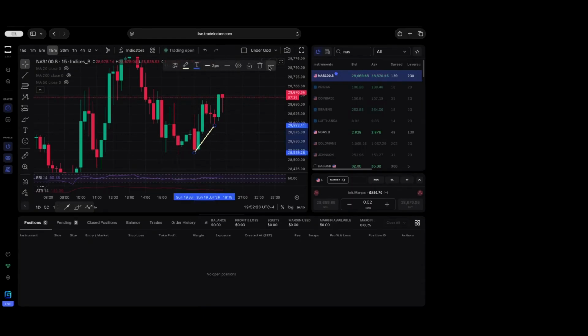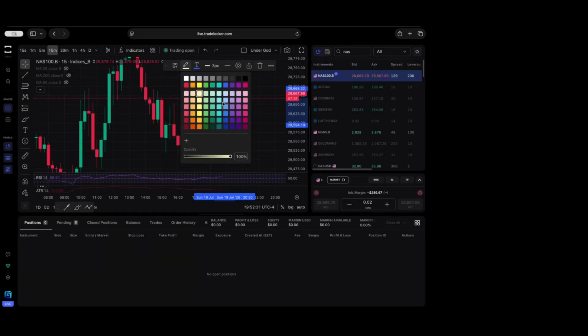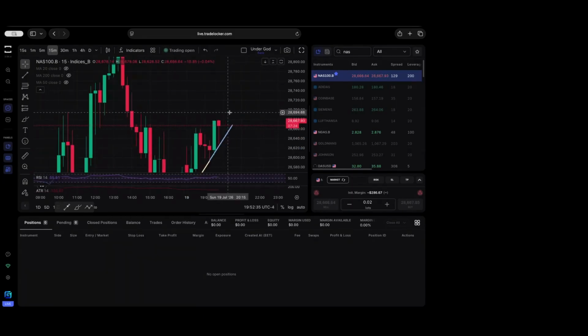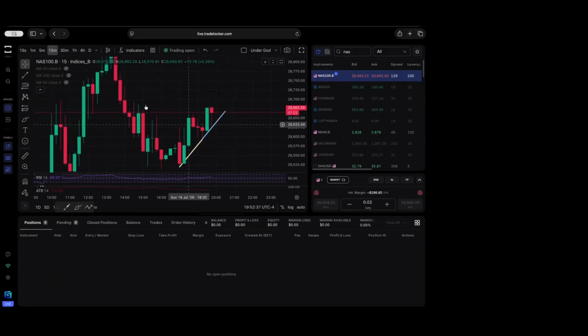So now let's clone this, right? We're going to clone this. I'm going to make that a different color. Okay. And then I'm going to also measure the top here. So we're going to measure our last high to this high, right?